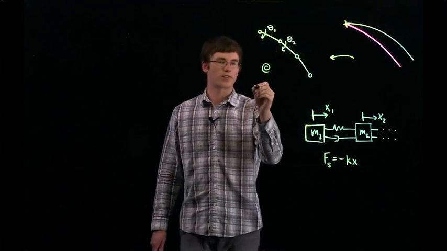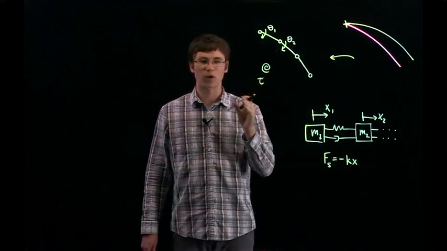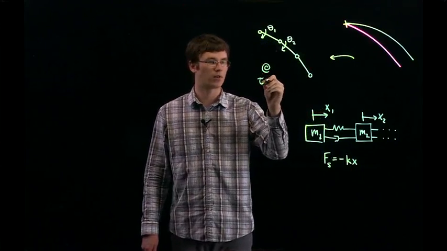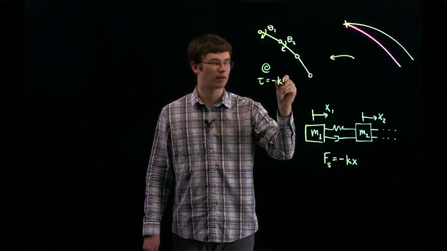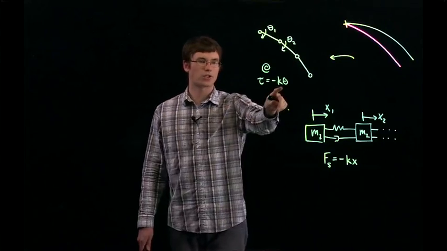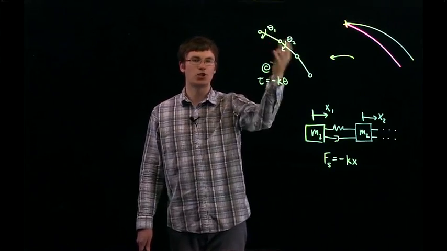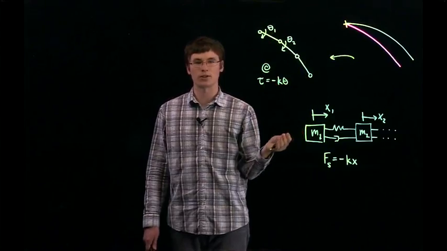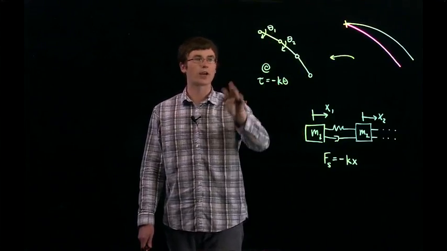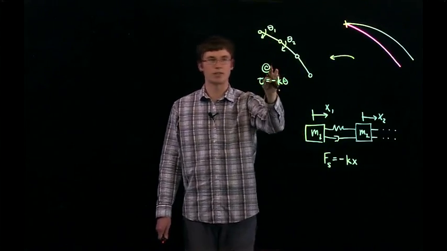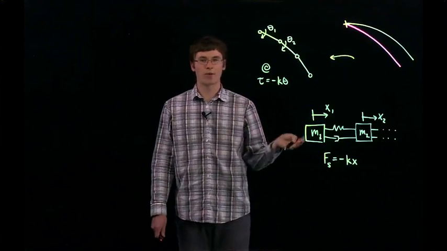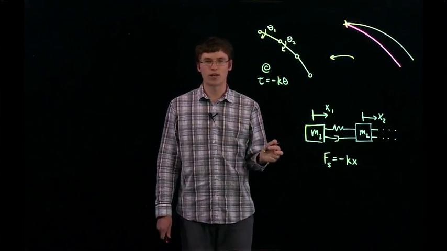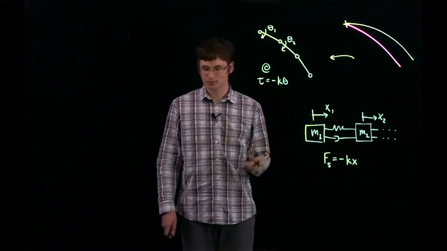For the whisker, we might have something like tau, which stands for torque, a rotational analog of force, equals negative k times theta. And we could determine this k right here based on geometry and also material properties that are determined experimentally. And likewise, we could also put damping elements into the whisker. Once we have our model, we can derive our equations of motion and simulate the dynamics.